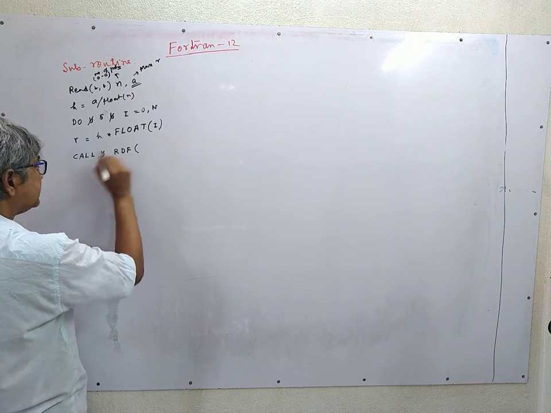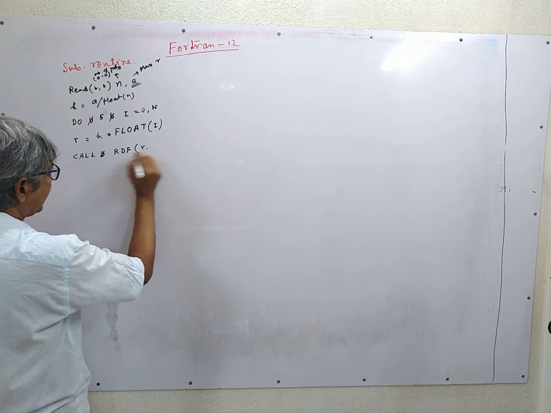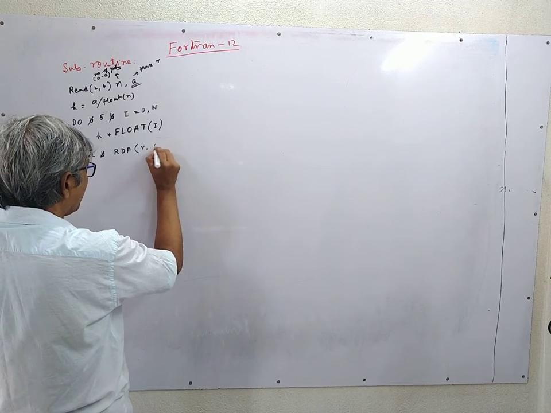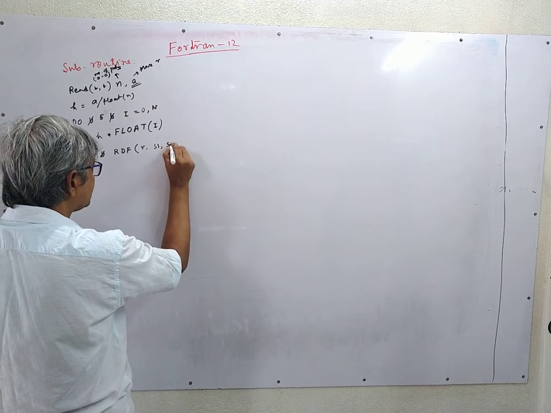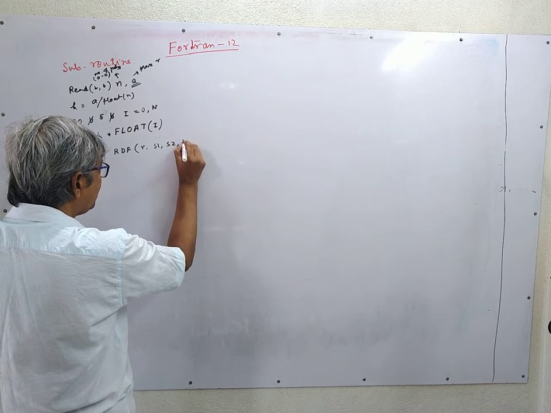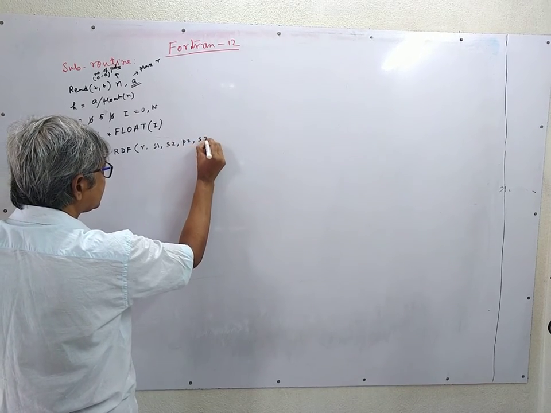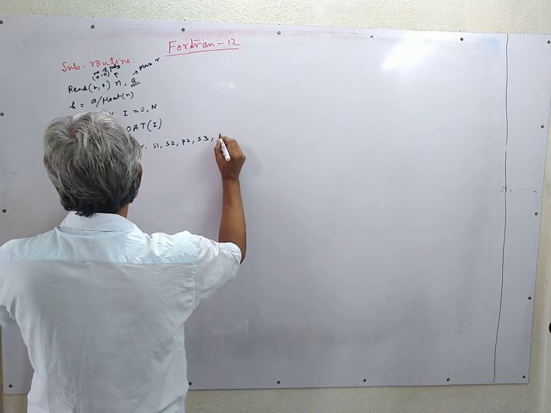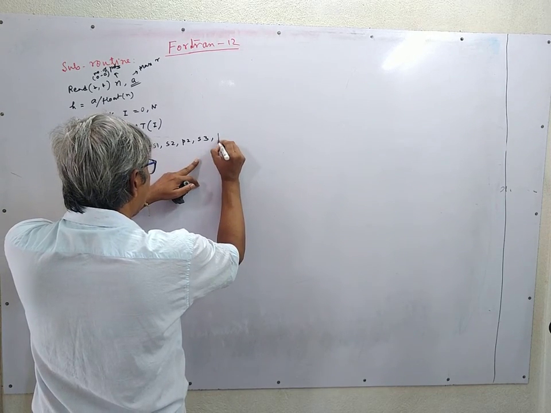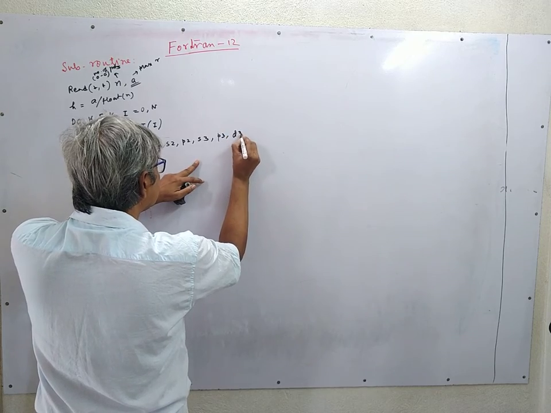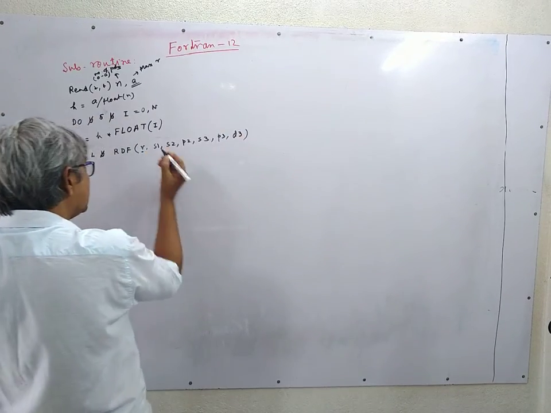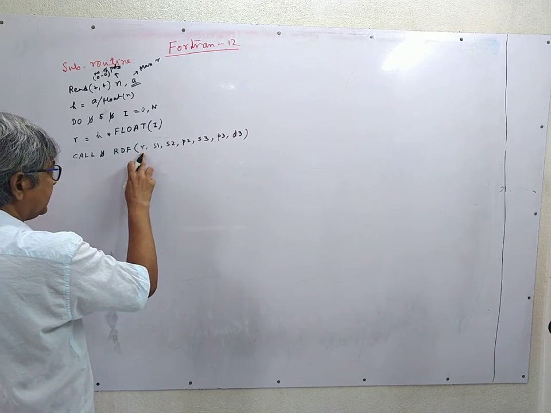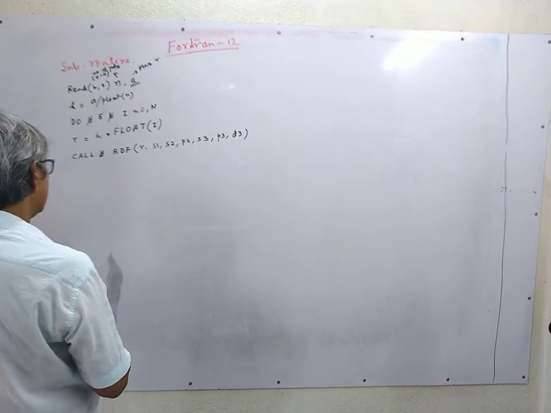It will have first r and the outputs S1, S2, P2, S3, then P3 and lastly D3. So there is a single input R and 6 outputs.